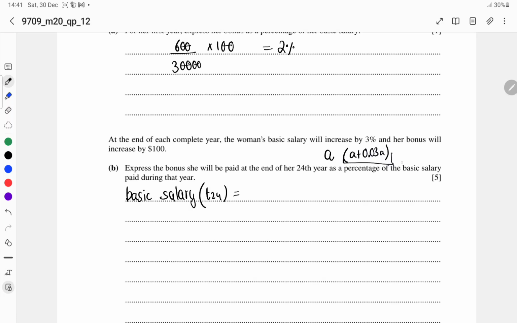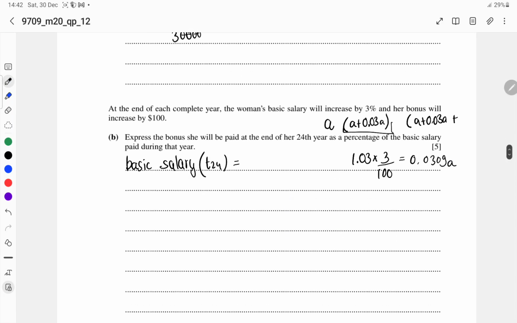The second term, which will be given by a plus 0.03a, that is, 1 plus 0.03 is 1.03, right? So we need to find 3% of 1.03, which is 1.03 times 3 over 100. We get 0.0309. This is just a geometric progression, because if you see the second term over the first term, and the third term over the second term, it's going to be a constant.